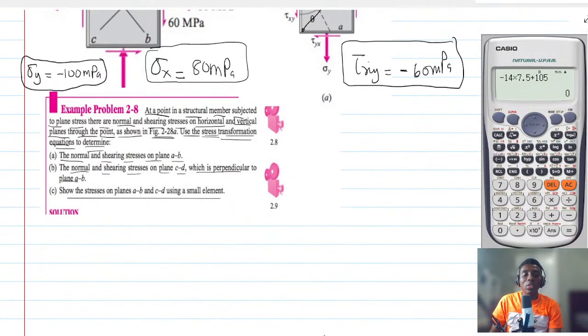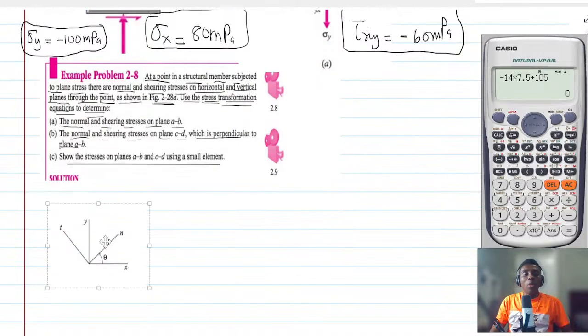So now let's calculate the stresses. I'm going to use this axis, please.